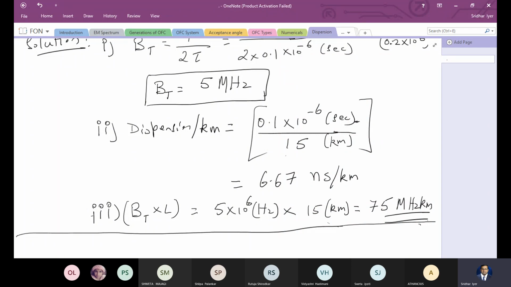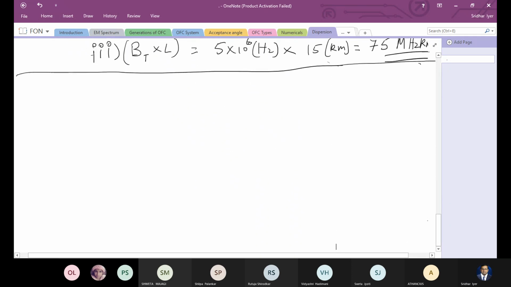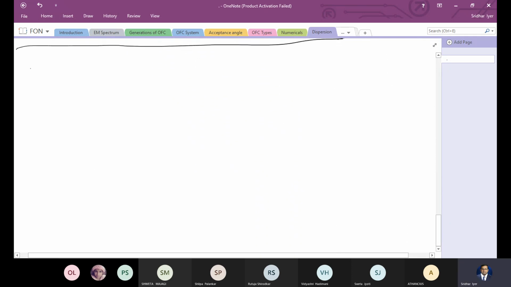Let's now look at what are the types of dispersions. So our next topic is types of dispersion, and in this we have two categories.